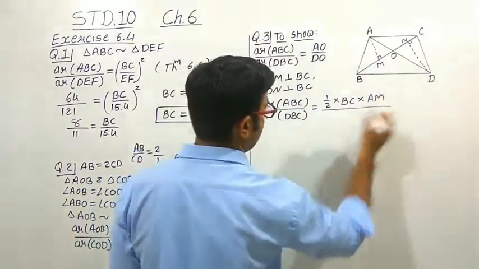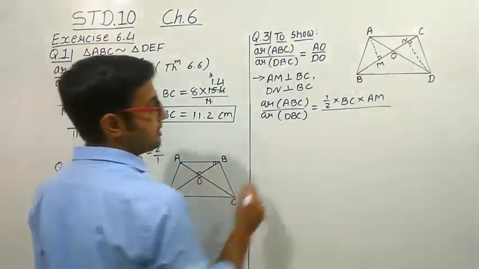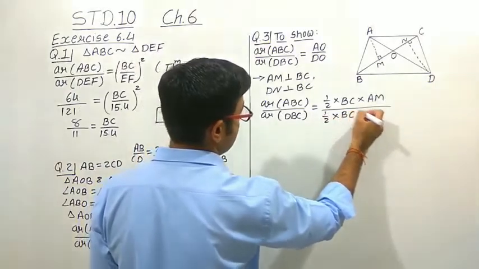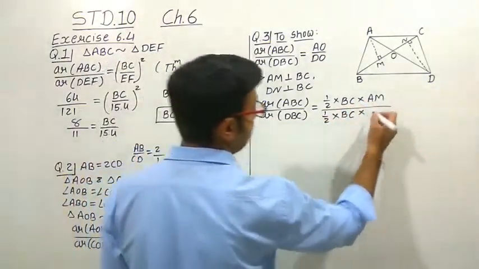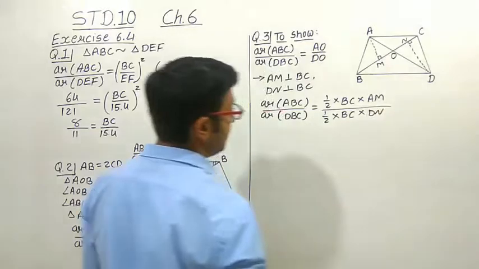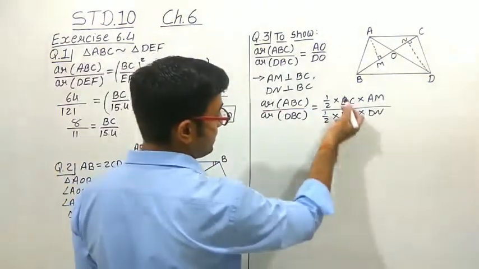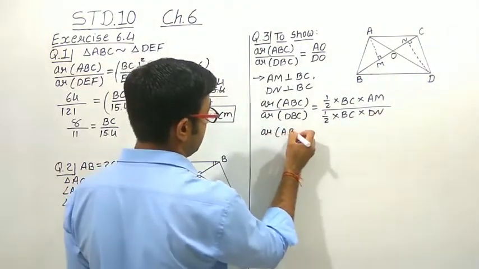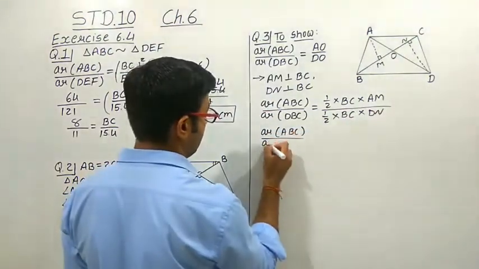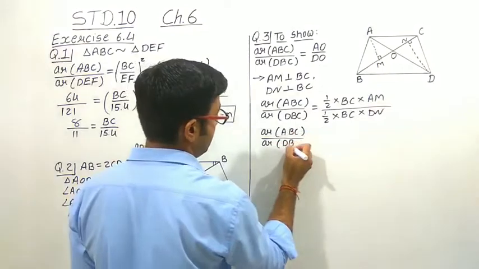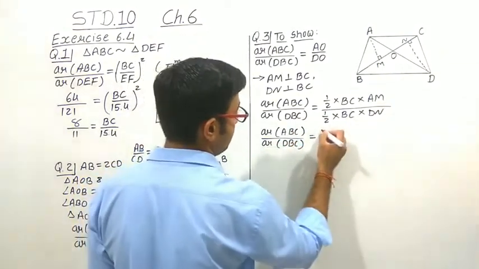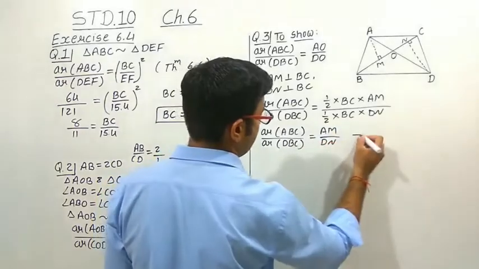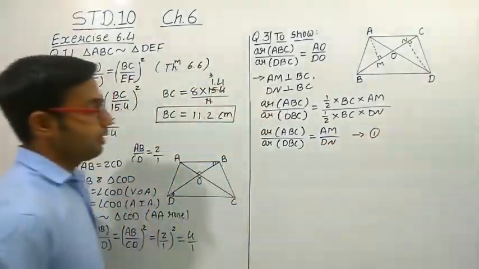In the same way, area of triangle DBC is 1 half, the base remains the same BC and the altitude is DN. Now see, 1 by 2 and BC will cancel out. What will remain? Area of ABC upon area of DBC is equal to AM upon DN. Give it equation number 1.